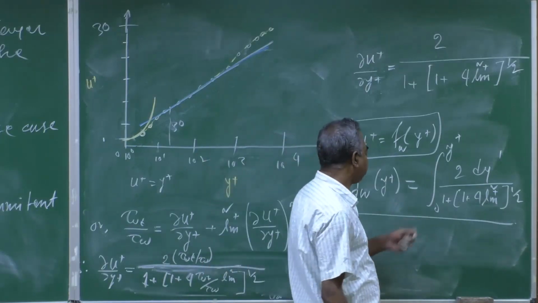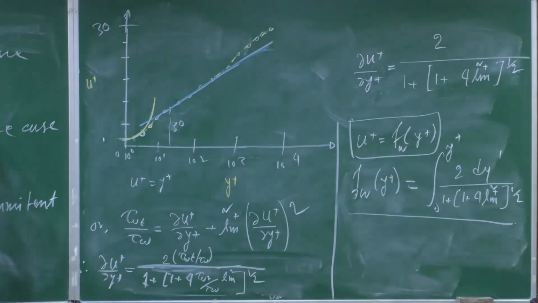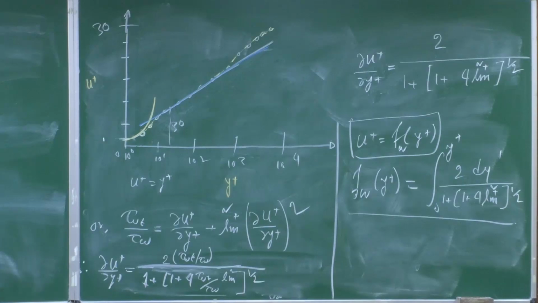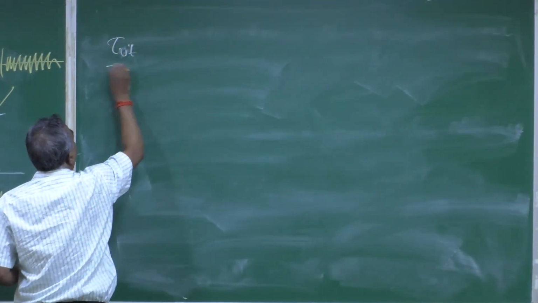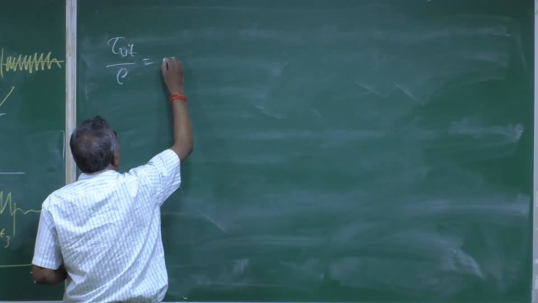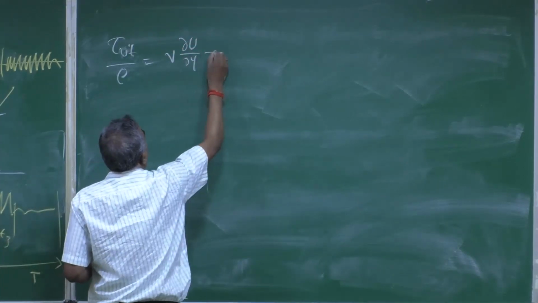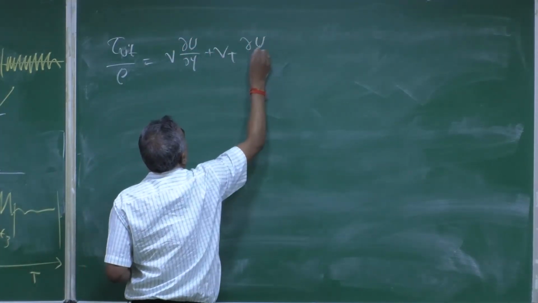But I have removed this relation, so let me just write this relation once again for a complete argument. What we wrote was tau by rho, we wrote nu del u by del y plus nu_t del u by del y.